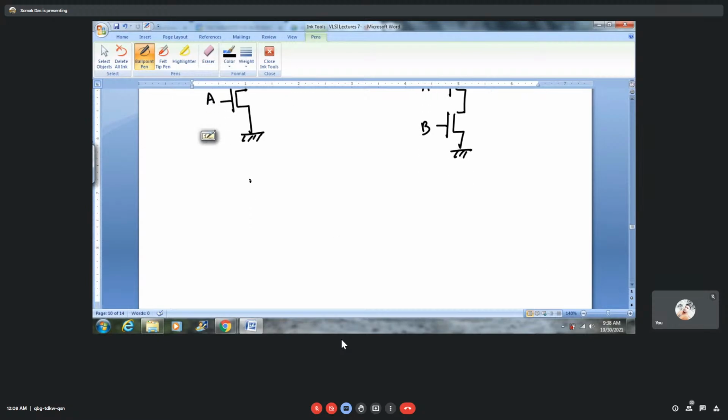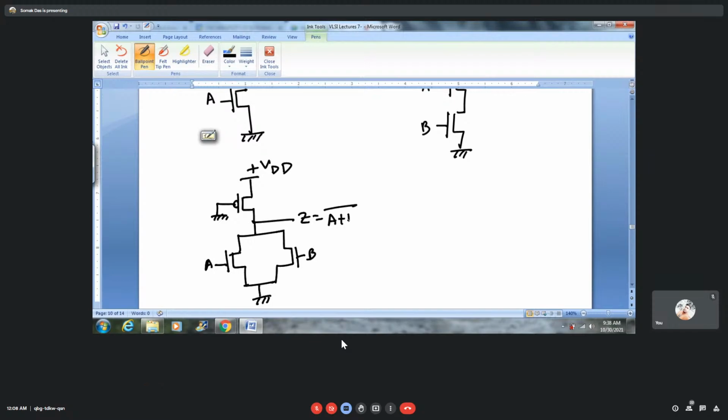Similarly, we can have the pseudo NMOS two input NOR gate. So if you are given an expression Z equals AB bar plus A bar B, how to design the pseudo NMOS circuit?